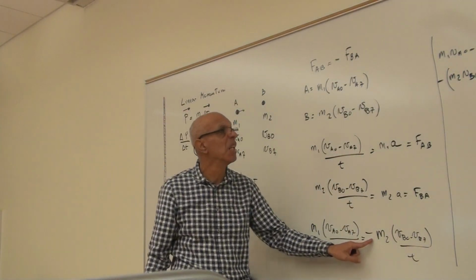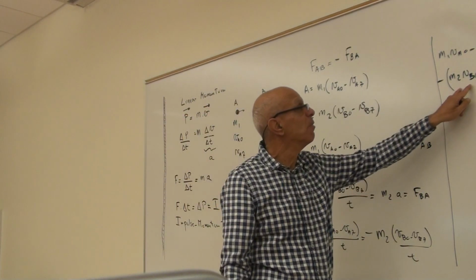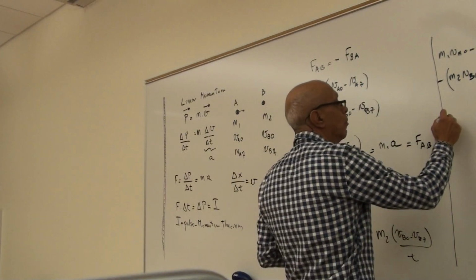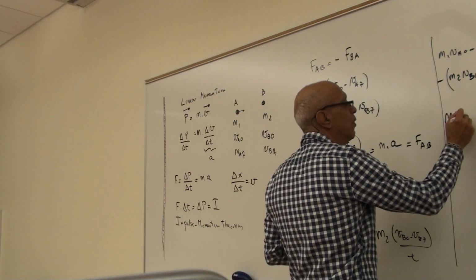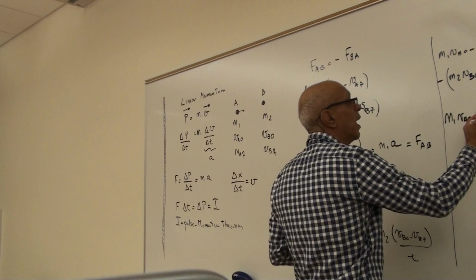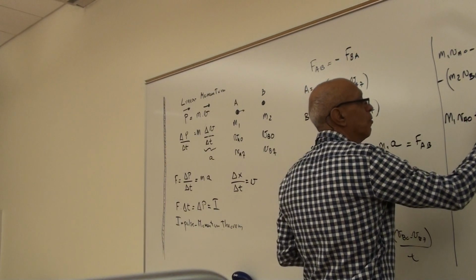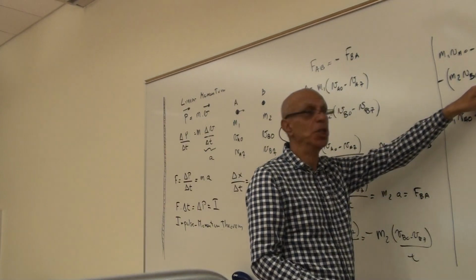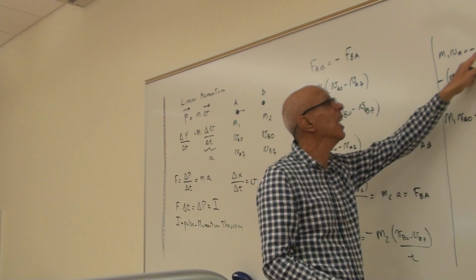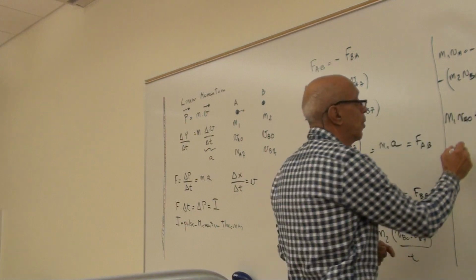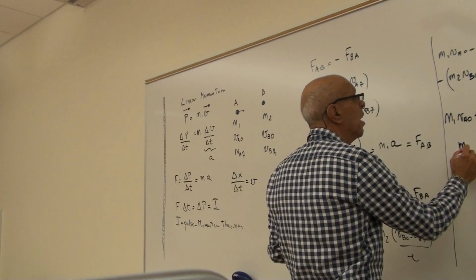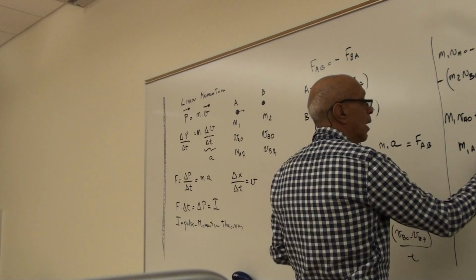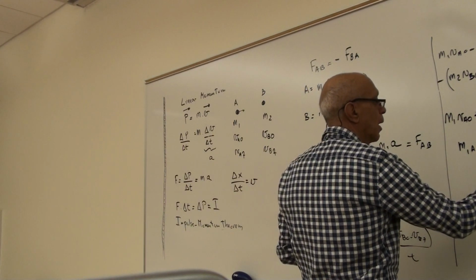Now, if this is negative, I can move this to the other side. It's going to be M1 VA0 plus M2 VB0 equal to, this guy is going to change. Negative with negative is positive. And this guy goes to the other side, also positive. So I'm going to have now M1 VAF plus M2 VBF.